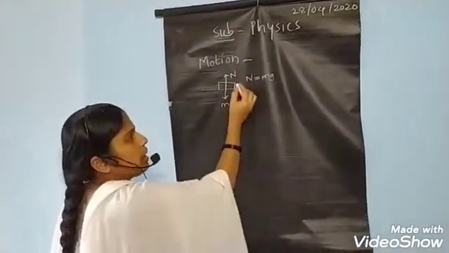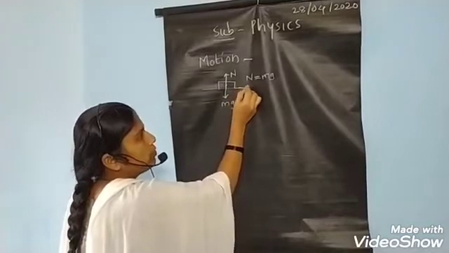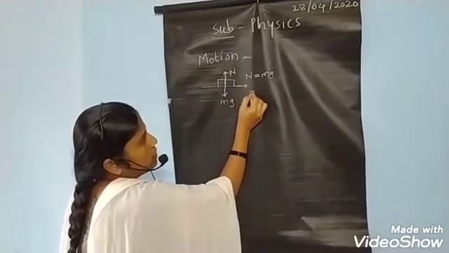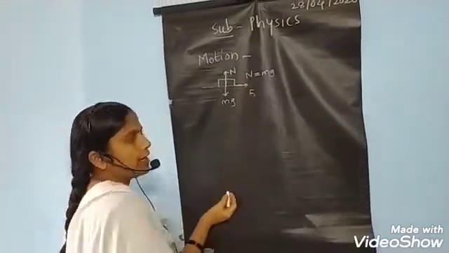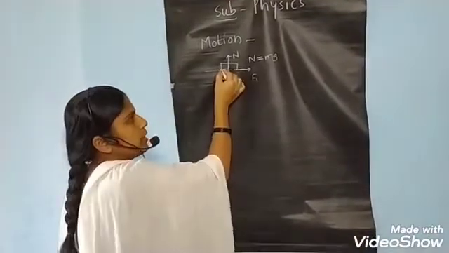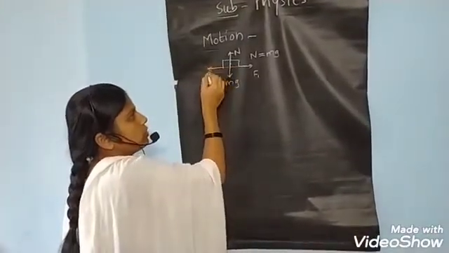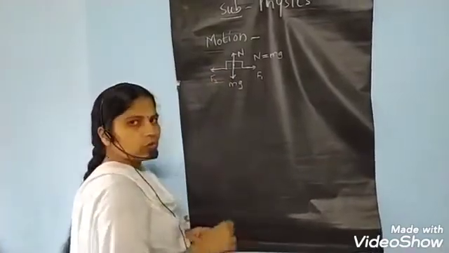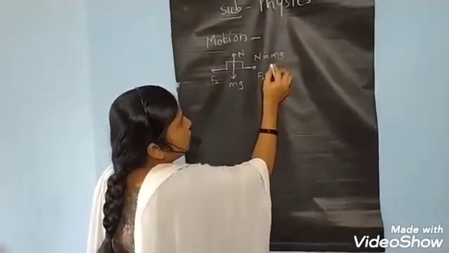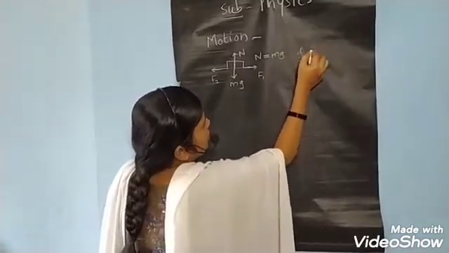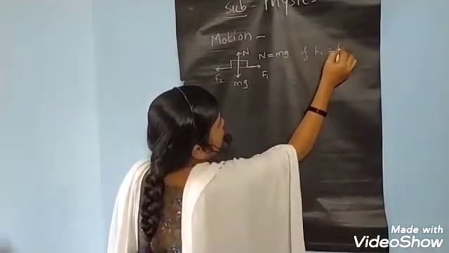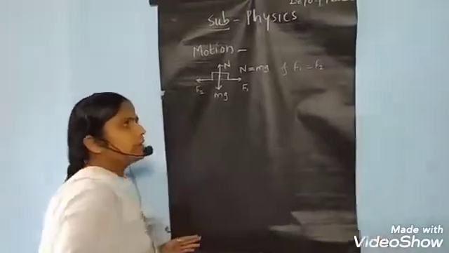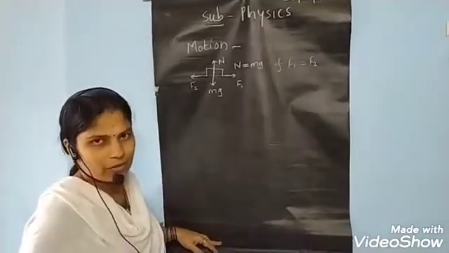Or if we apply a force in the forward direction, that force is given by F1. At the same time, a force acting in the opposite direction is given by F2. If these two forces are equal, F1 is equal to F2, then the object is at rest.